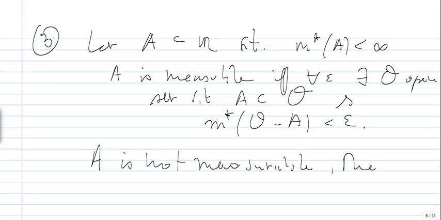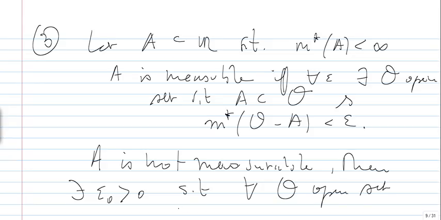Then there exists an epsilon 0 such that for any open set O with A included in O, we have the outer measure of O minus A greater than epsilon 0.